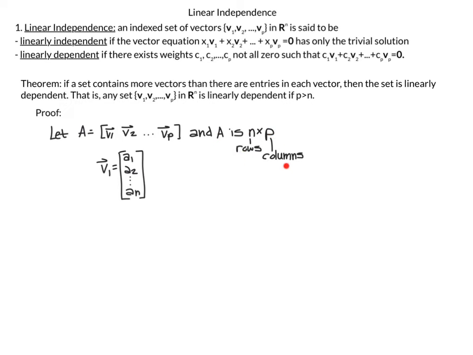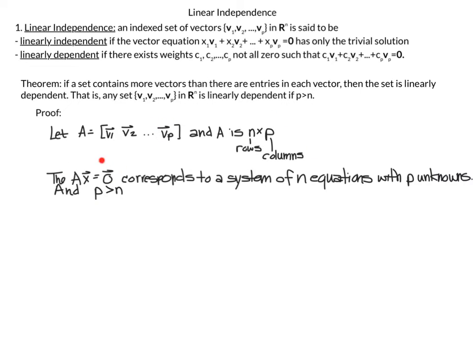Remember, it's always rows, columns. The number of rows is going to be n. The number of columns, well, there are p vectors, so that's the number of columns. Relating this to our homogeneous matrix equation, Ax equals 0 corresponds to a system of n equations with p unknowns.